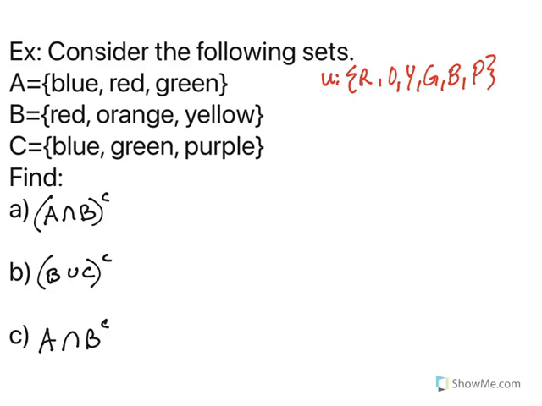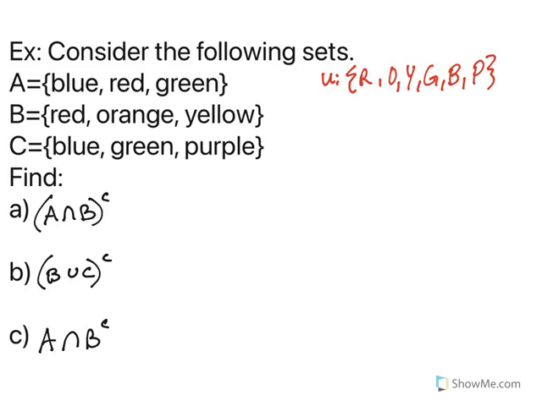So our universal set is the 6 basic colors, right? Great. I say that because when we're talking about the complements, the complement is everything not in that. So it's helpful if you know the universal set, makes it a little bit easier.